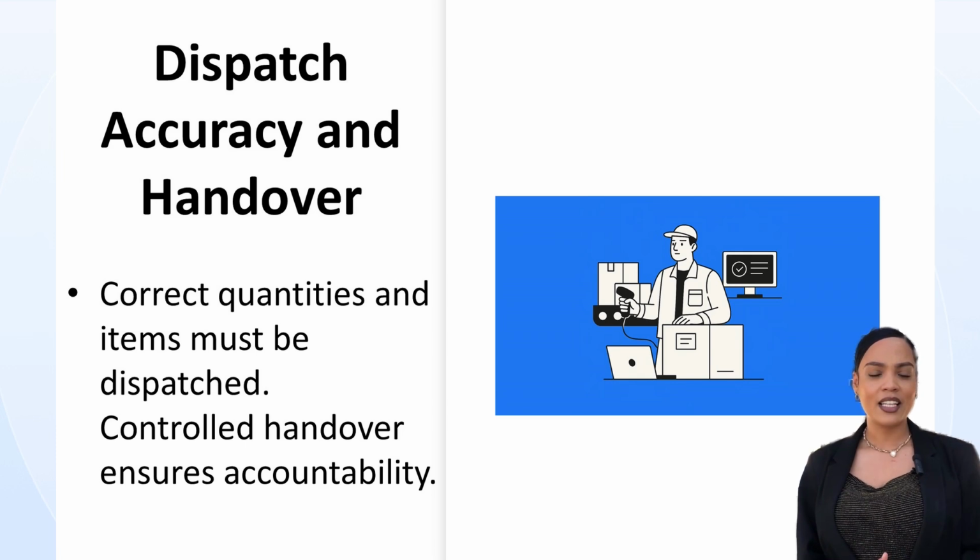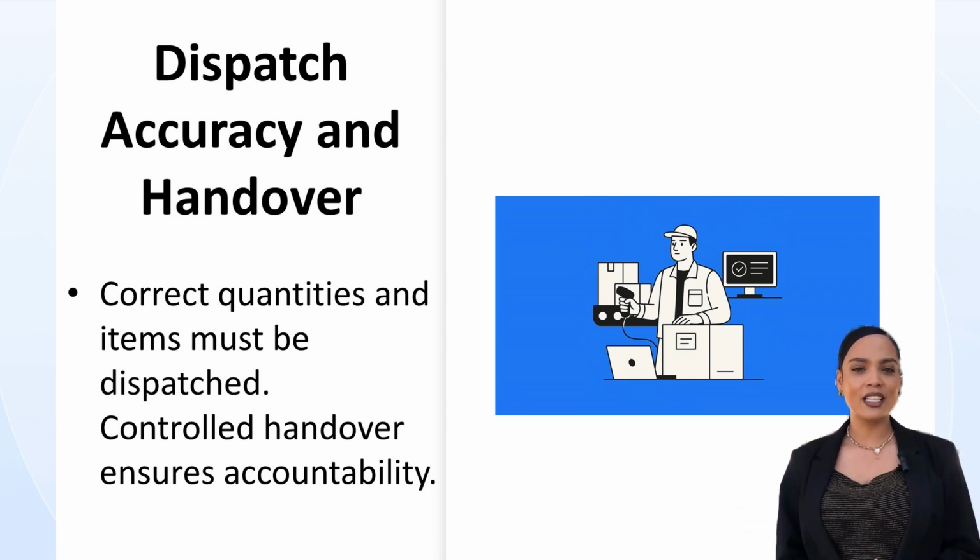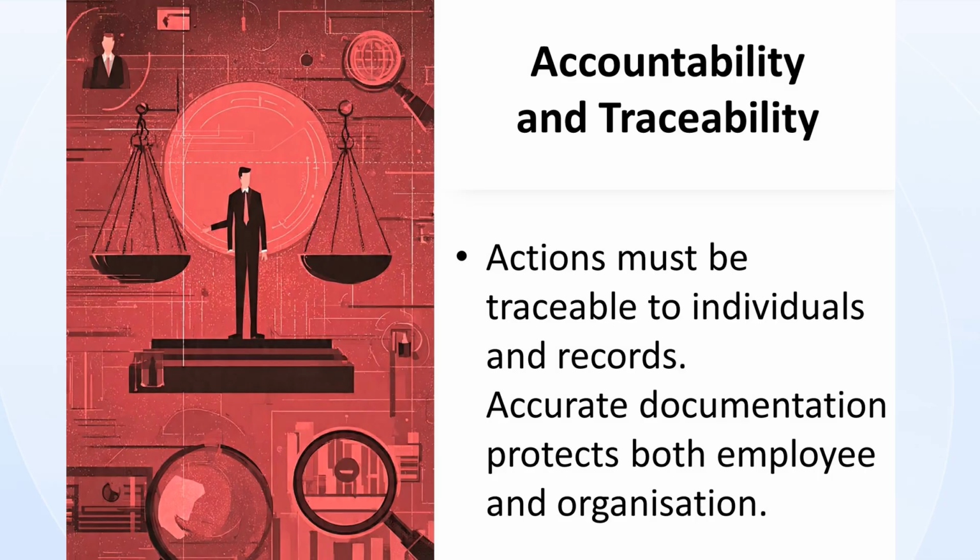Next, I will explain accountability and traceability and why they matter. Accountability means that actions can be linked to specific individuals, times, and records. Traceability means that stock movements can be followed throughout the process. Strong accountability protects both the organization and the employee.